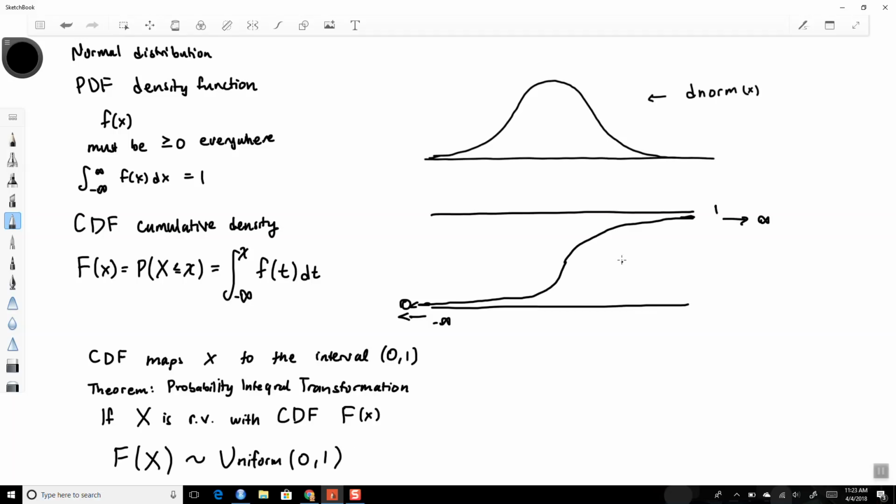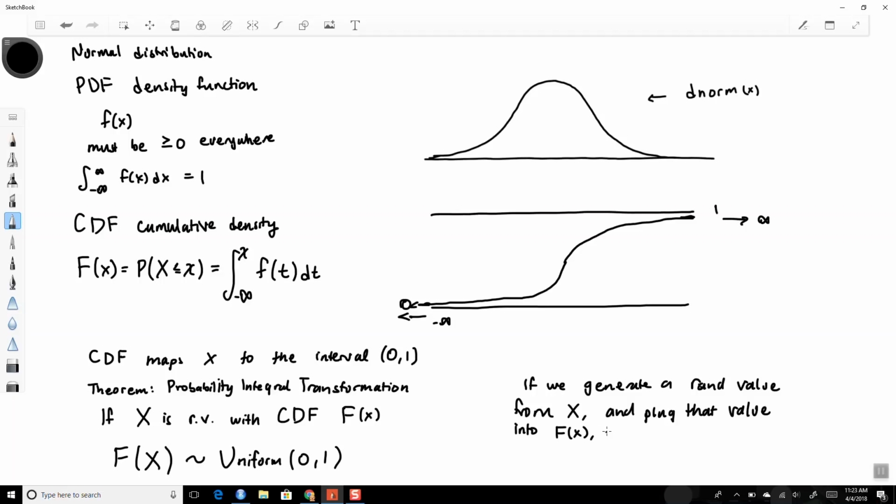So if you generate a random value from the distribution X and plug that value into F of x, we get a value between 0 and 1, and those values will follow the uniform distribution.